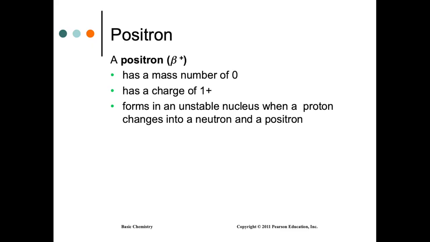Instead of a -1 atomic number, it has a +1 atomic number. And this basically comes about when a proton changes into a neutron. Again, to get things to balance out, the atomic number has to be +1 for things to work out.